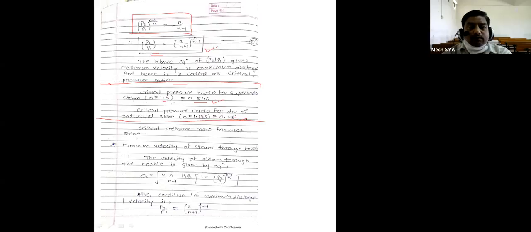Understand up to this? Okay, up to critical pressure values. Please mention and write down also. If it is over, then tell over. Okay, thank you.